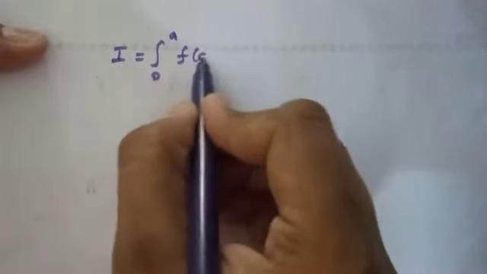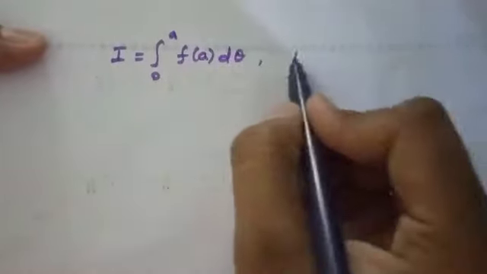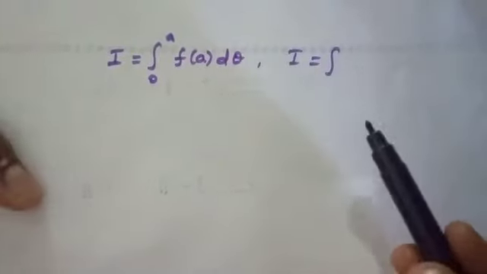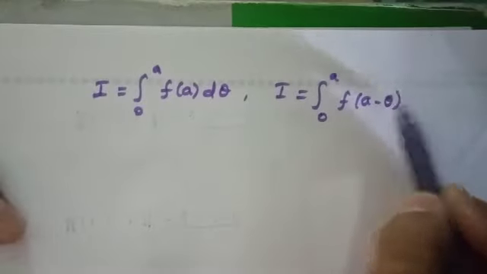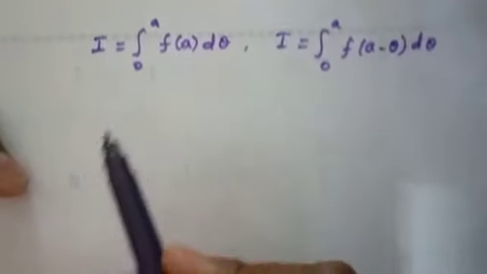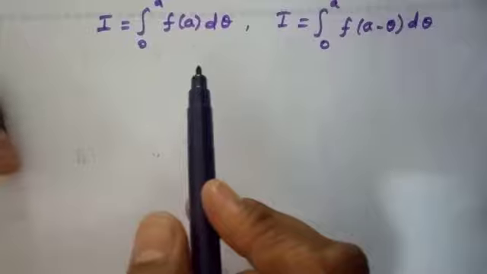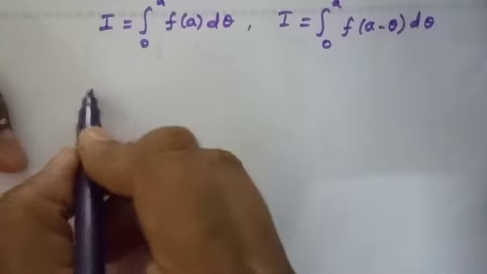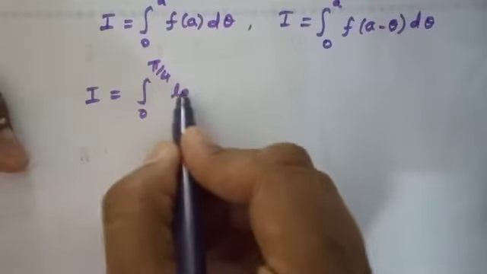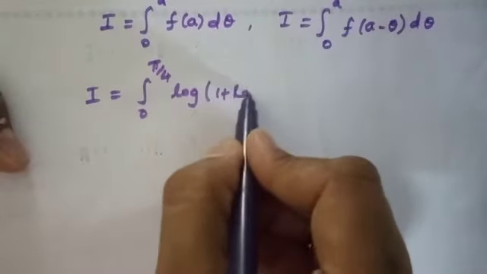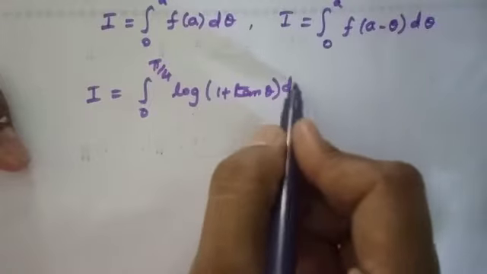So in this problem we have I equal to the integral over 0 to a of f of theta d theta, and I equal to the integral over 0 to a of f of a minus theta d theta. The first I is the integral over 0 to pi by 4 of log of 1 plus tan theta d theta, the given problem.